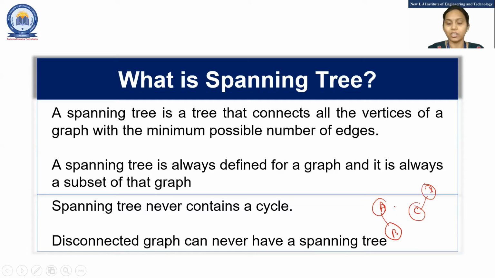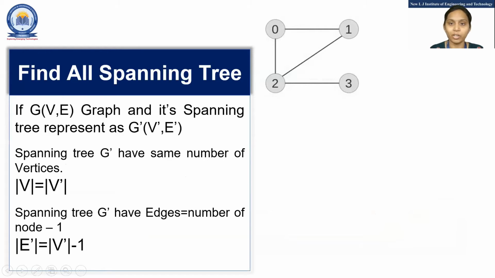Now let's take one example and you get more clarity. This is my graph, and from this graph I have to create multiple spanning trees. As I said, the number of vertices is the same in your graph and in your spanning tree. You are not allowed to remove any vertex. All the nodes need to be present in your spanning tree. But the edge count is different.